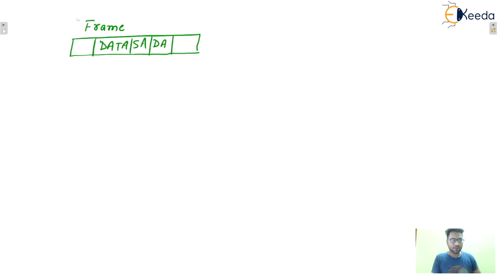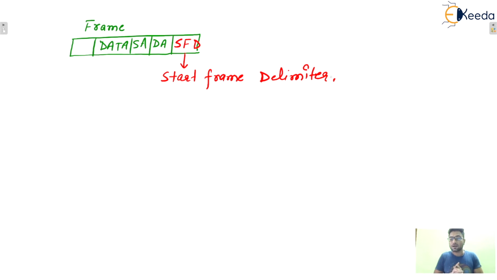So at the starting of this frame, SFD is used. What is the meaning of SFD? Start frame delimiter. What does it mean? SFD indicates that this is the starting of this frame.